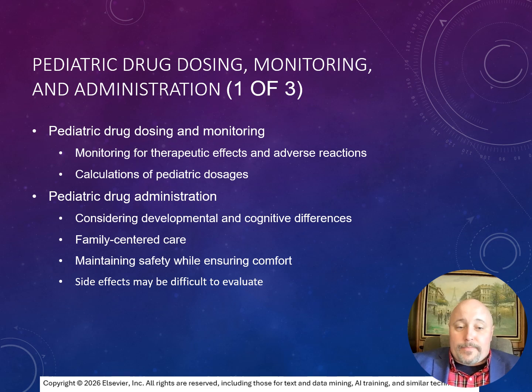this term. In the case of pediatric drug administration, we need to consider the development and cognitive differences. The family centered care, meaning how involved are the parents, how much family support does this patient have? We also are going to place safety at a top priority, as with every patient, but especially so in the case of pediatrics.